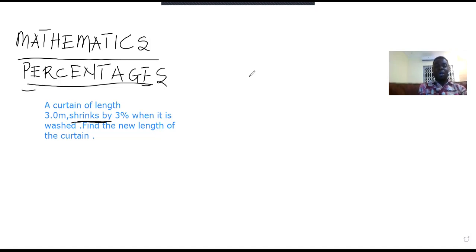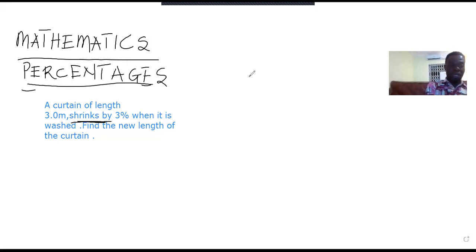So this is under percentage decrease. We can say that a curtain of length 3.0 meters decreased by 3%: shrinks, reduced, decreased by 3%. When it is washed, find the new length of the curtain. Again, the original length of the curtain is 3.0 meters, and that should be equivalent to 100%.